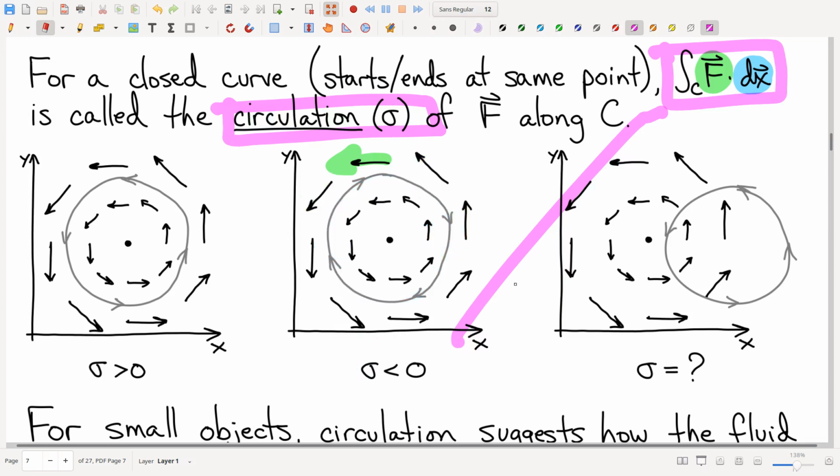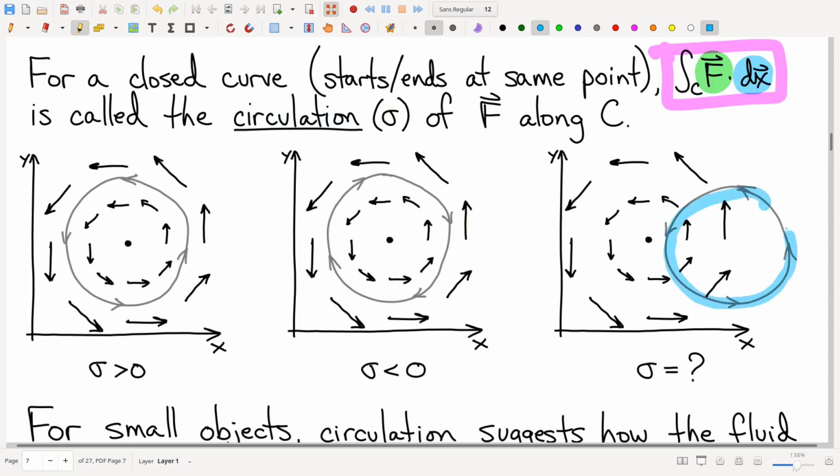Now, sometimes it's just not that simple. Here's a scenario that really is kind of hard to tell. I've got a closed curve that I have in blue here, and again I've got the exact same vector field. What you're going to notice though is that in some places the curve is going that way, as I have it drawn.